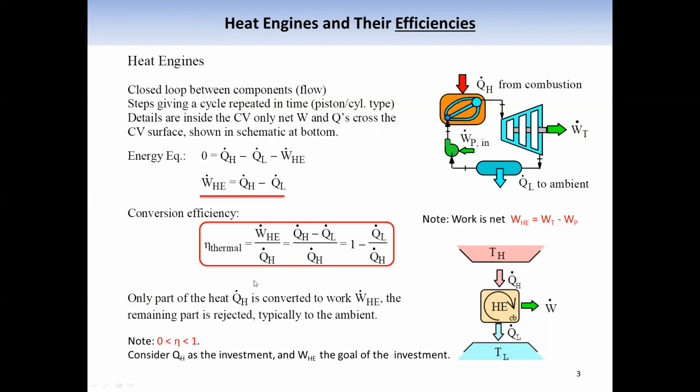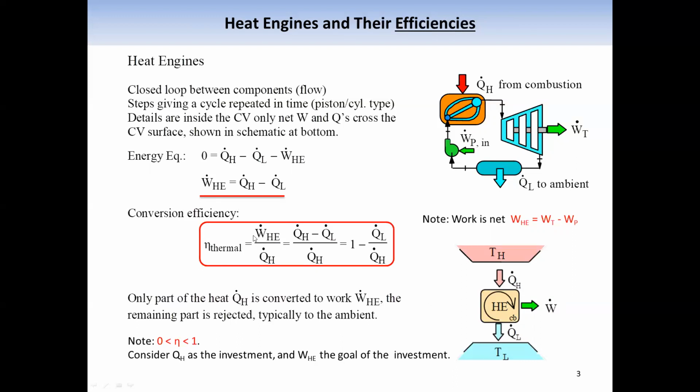Imagine as an investor, if we want to build a power plant, we would like to generate as much work as possible based on burning a certain amount of fuel. So this is an important quantity as an engineer or as an investor. We would like to have this number as high as possible.